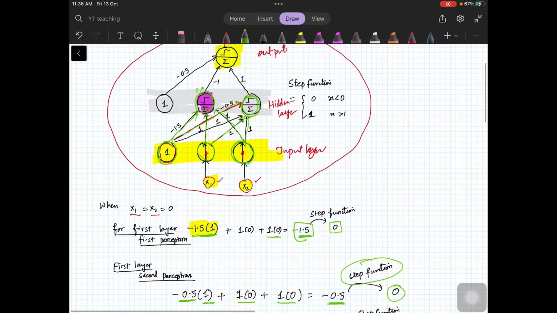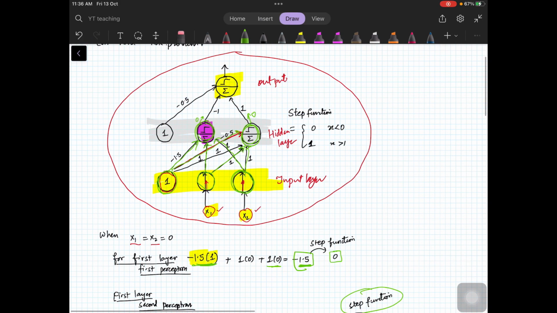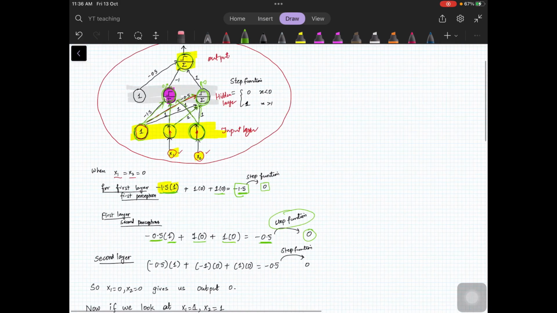Now let us see the inputs for the next layer. You give bias term 1 into negative 0.5, then 1 into 0, and 1 into 0, so you get negative 0.5, and the threshold will give you a 0. So 0, 0 corresponds to 0 output, right?